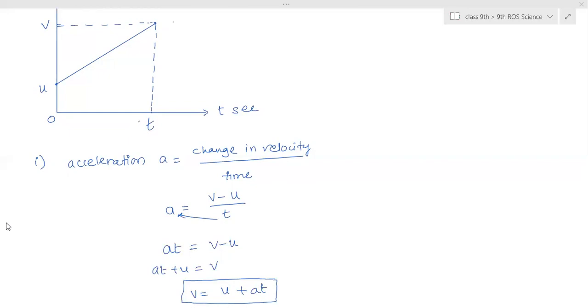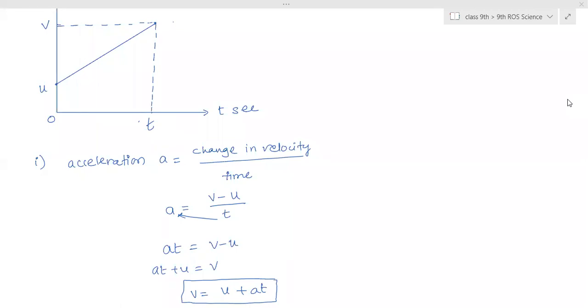Ma'am, can you just repeat it again? Acceleration is equal to change in velocity divided by time. So what is the change in velocity from the graph? Initially, what is the velocity? Yes, what is the initial velocity? Who asked me this question? Manish.